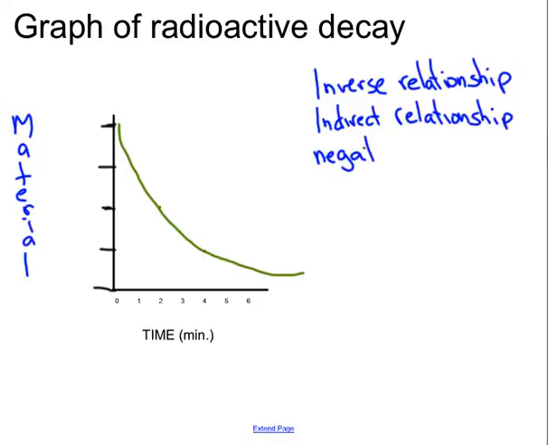Hope I spelled that right. Just trying to remember some stuff here. It should also make sense to you that if the radioactivity is changing, there's going to be less as time goes by. Now, like I said, I left the y-axis blank. That's because there's a couple of different ways the material can be represented. It could be represented as mass, something like this, 4 grams.